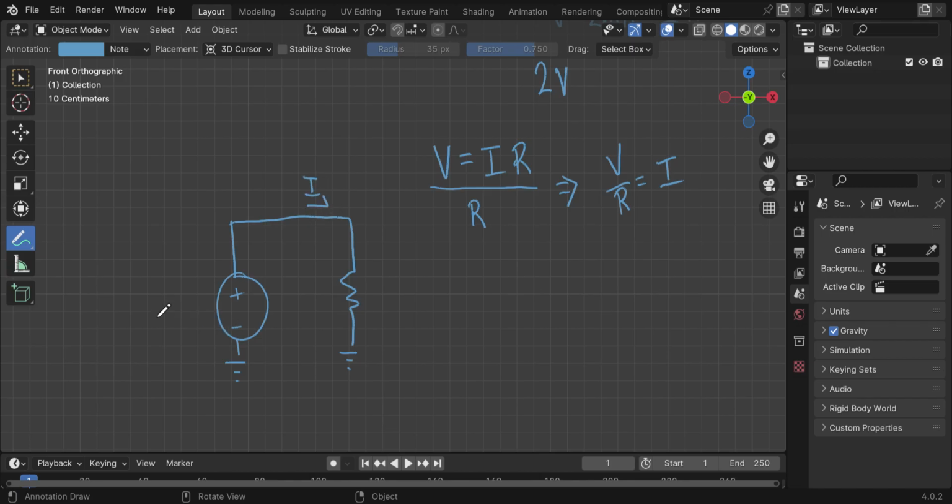Say the voltage source is 5 volts and the resistor value is 2 kilo ohms.